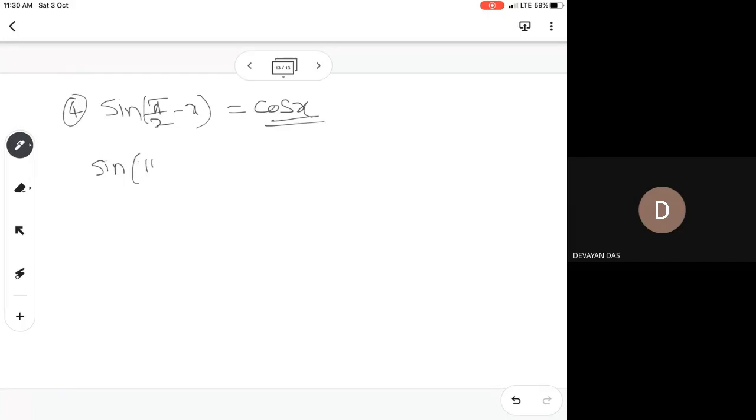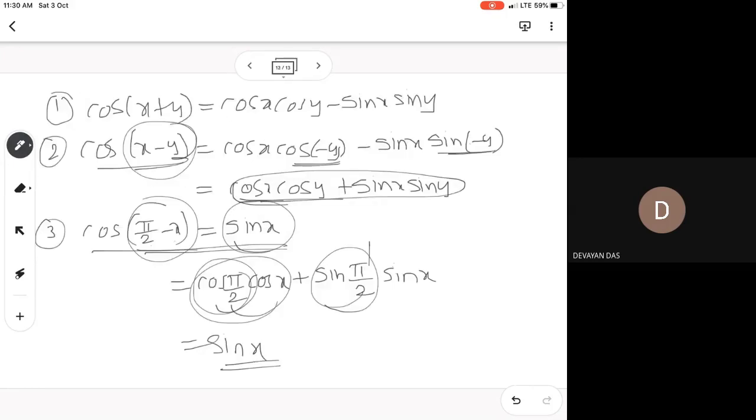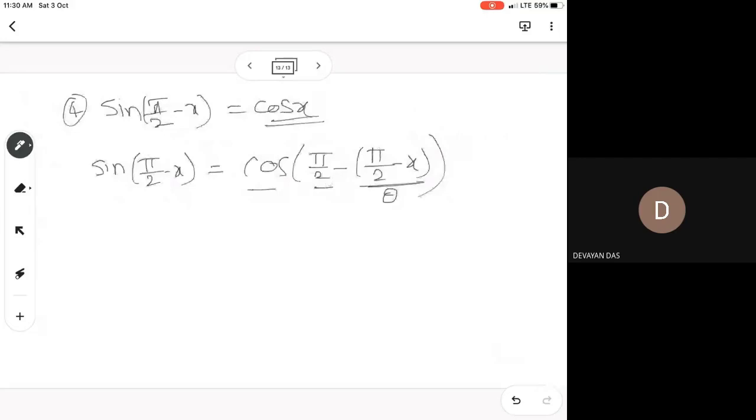Sin 90 minus theta, meaning sin pi by 2 minus theta, can be written as cos of pi by 2 minus of pi by 2 minus x. Take that whole thing as theta. In the previous result, cos pi by 2 minus theta is equals to sin theta. Here this is pi by 2, this is theta, so cos pi by 2 minus theta equals sin theta. Using that in reverse order, I have proved it.